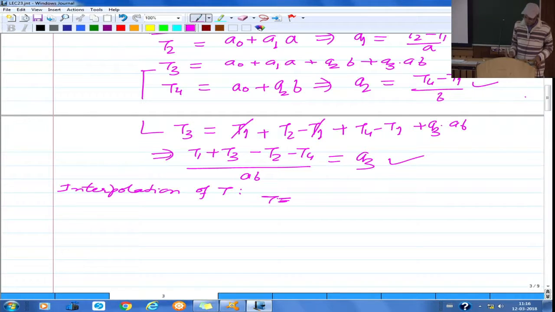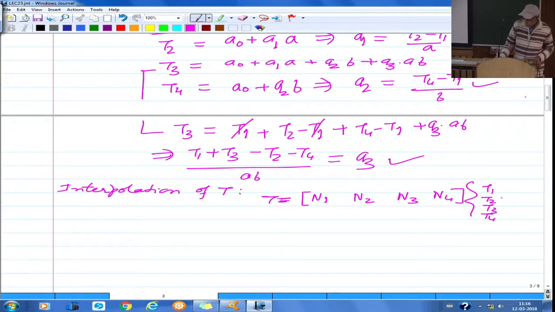So T is the shape functions N1 into T1. Let me write it in terms of the interpolation matrix: N1, N2, N3, N4, and then into the elemental degrees of freedom T1, T2, T3 and T4.